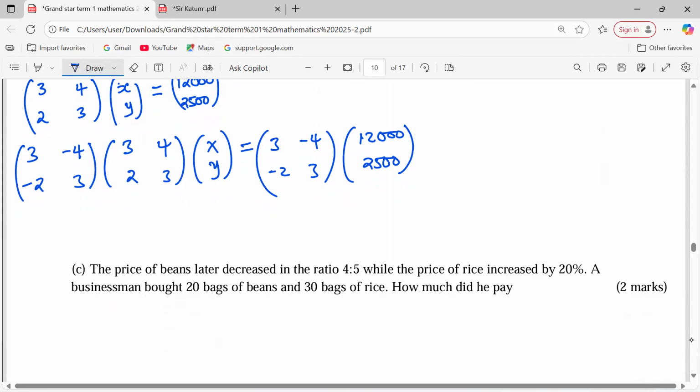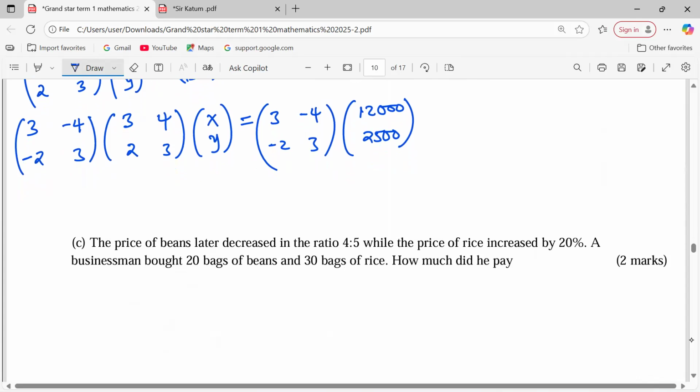There are a few things that we're supposed to know about matrices. One is that when a matrix is multiplied by its inverse, we usually get the identity matrix. What is the identity matrix? A matrix with 1 in the leading diagonal and zeros elsewhere. So that's how the matrix looks. A matrix and its own inverse give the identity matrix.